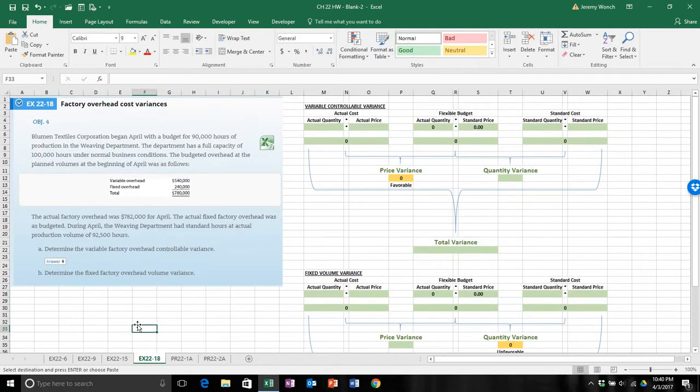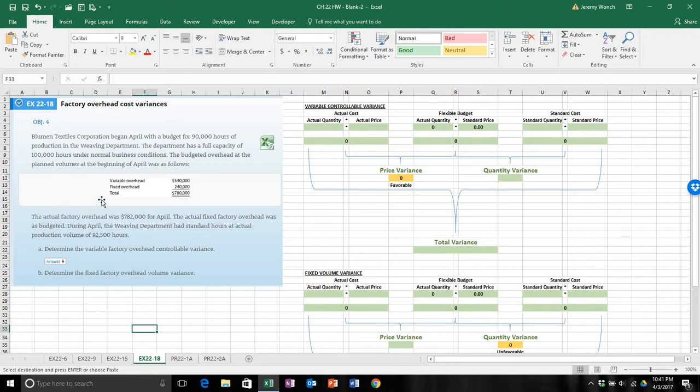All right, let's go to our next one, which is 22-18. In this problem, we have Bloomin' Textile Corporation. We began with a budget of 90,000 hours. Full capacity is 100,000.